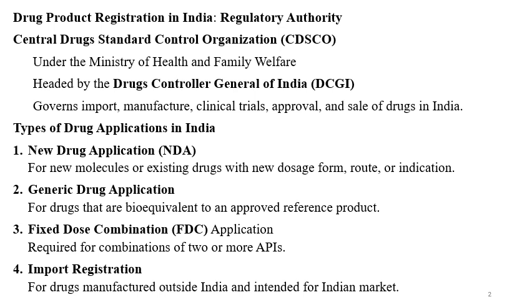It is headed by Drug Controller General of India, that is DCGI. It governs the manufacturing, it controls the import, then it regulates clinical trials, it regulates approval and the sale of the drugs in India.